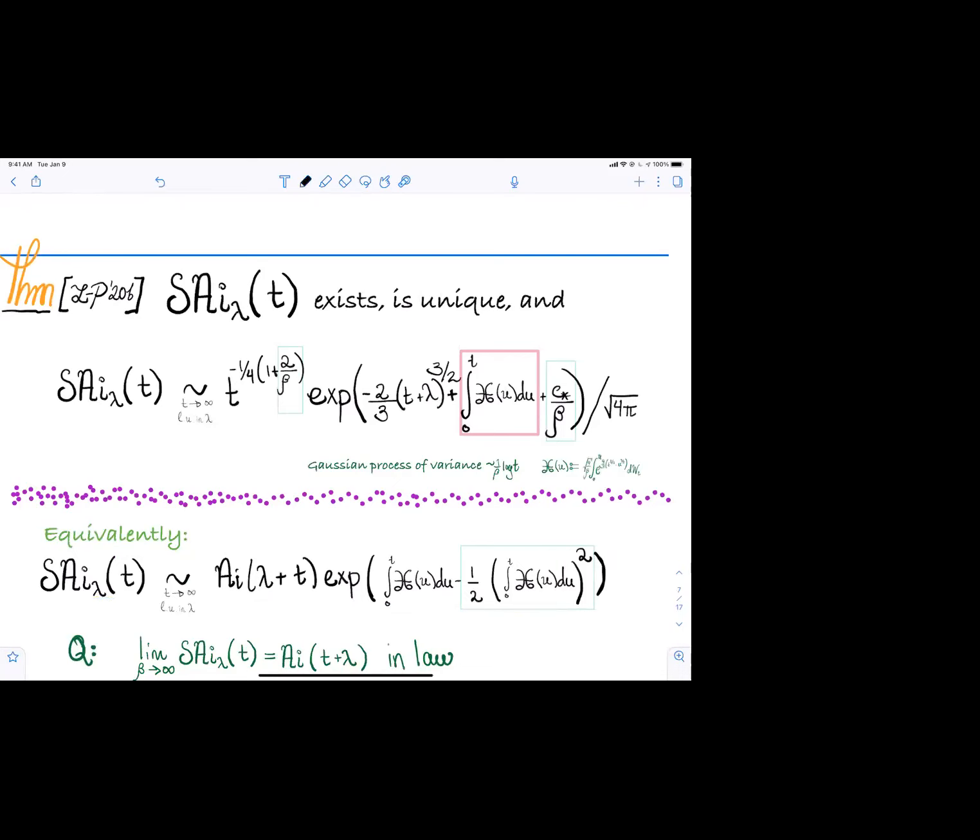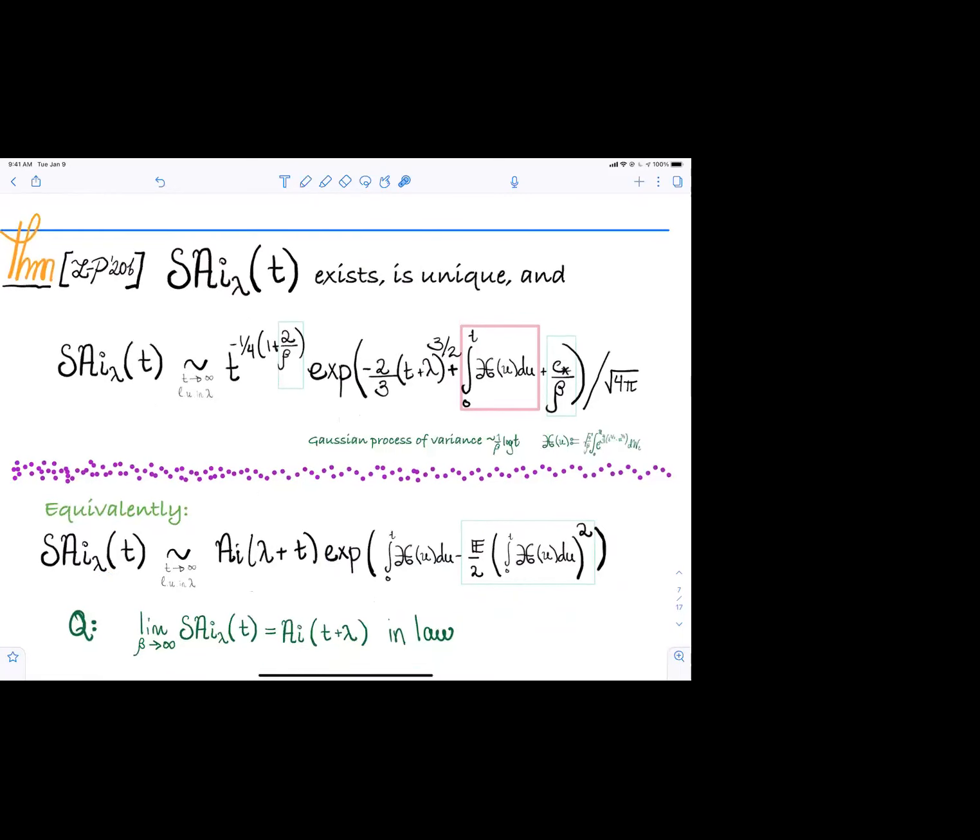I forgot an expectation. That is supposed to be 1/2 the expectation. So this is a mean 1 term. And so actually, in mean, stochastic Airy is the Airy. And this is an explicit Gaussian function.